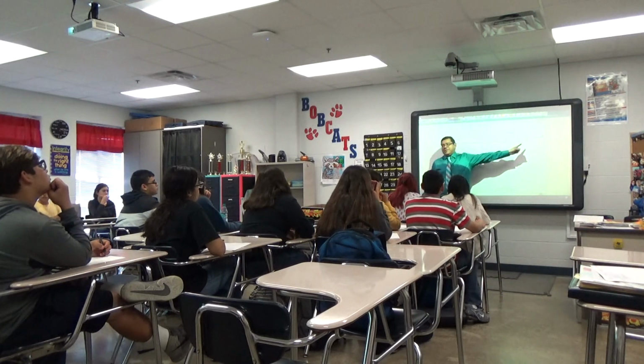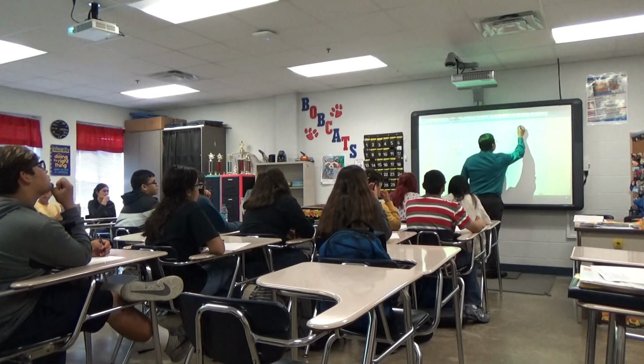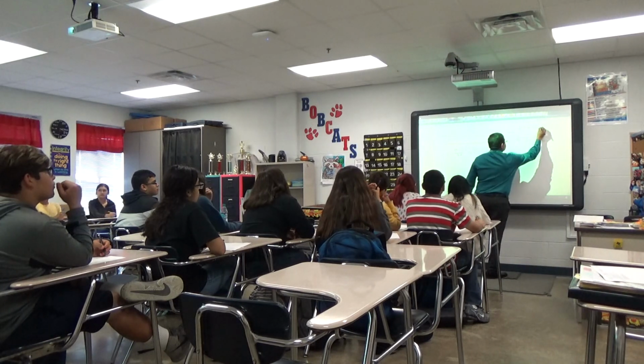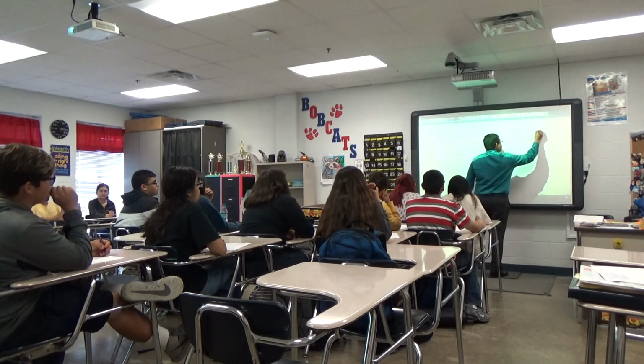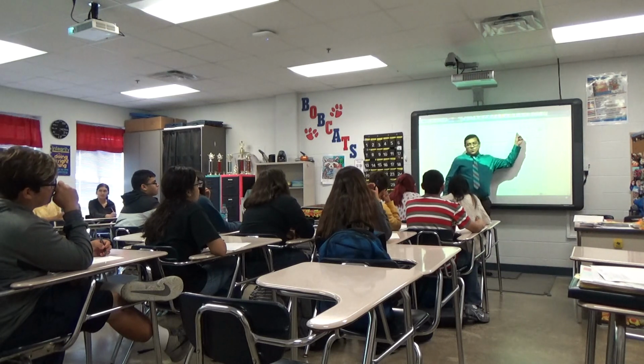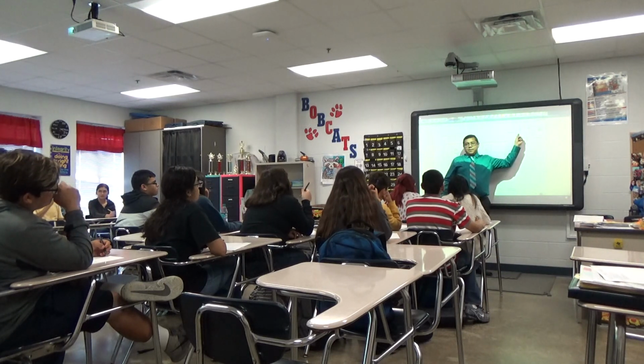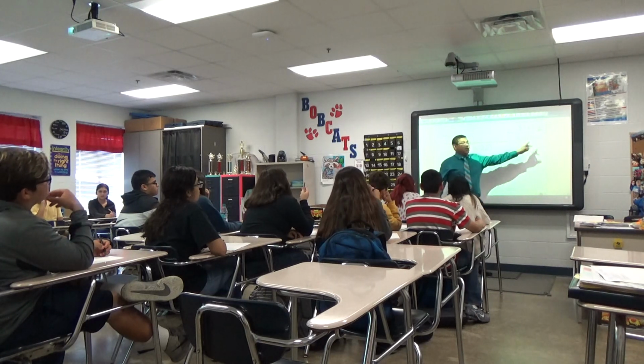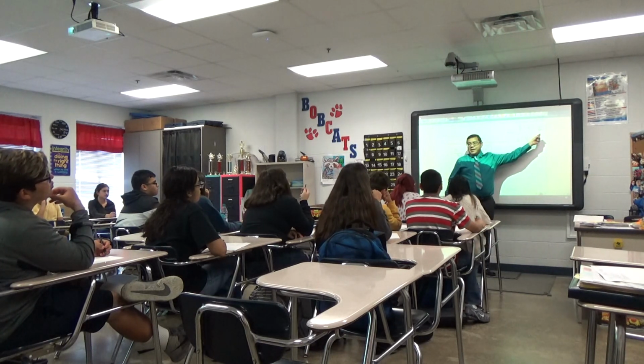Let me help you. How about 1/2 plus 1/3? The least common denominator is 6. How many times do you go from 2 to 6 to make it equal? Three times, right? This is the least common denominator.